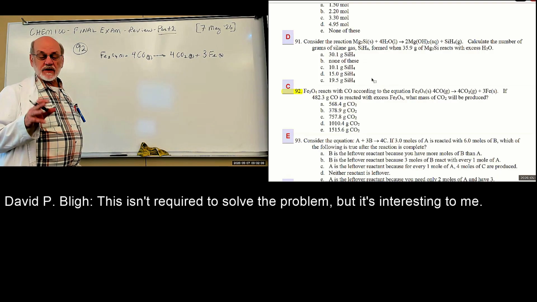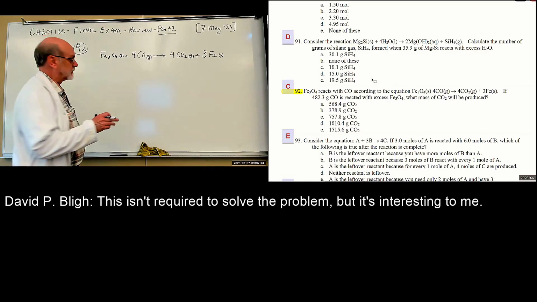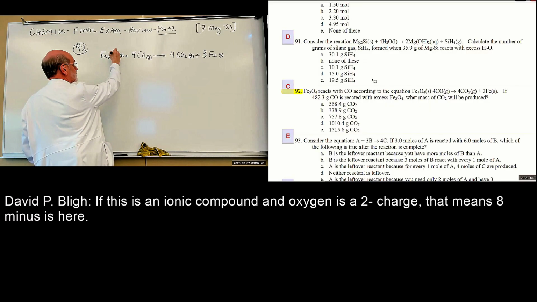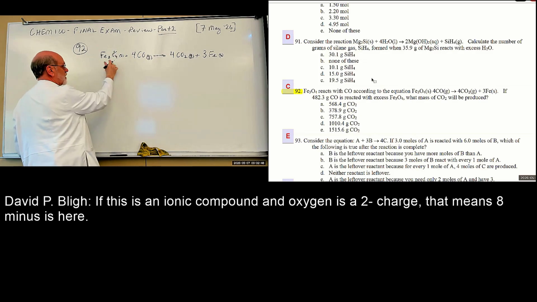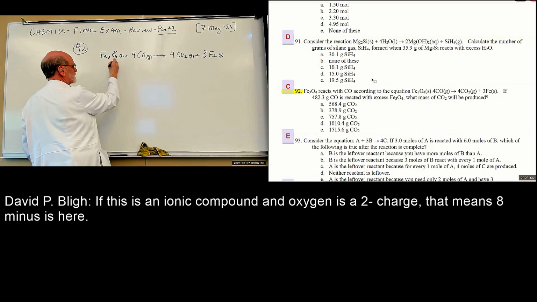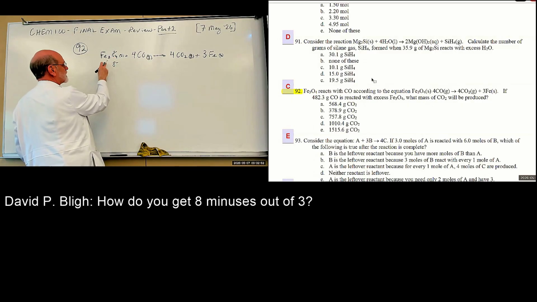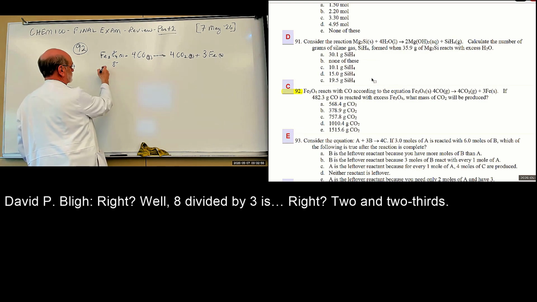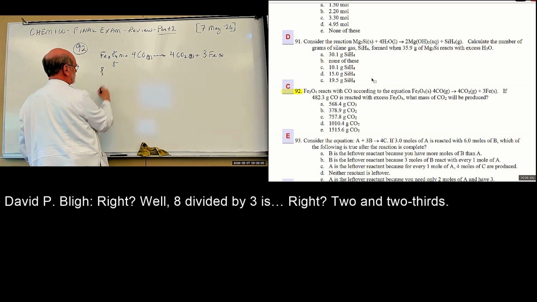This isn't required to solve the problem, but it's interesting to me. If this is an ionic compound and oxygen is a 2- charge, that means 8 minuses here. How do you get 8 minuses out of 3? Right? Well, 8 divided by 3 is 2 2/3.